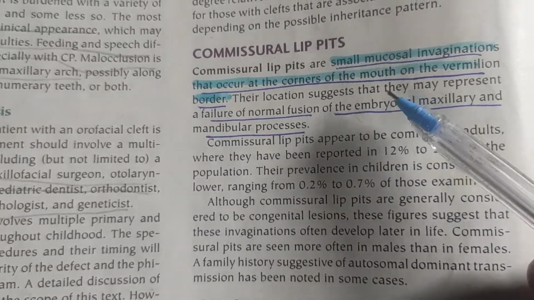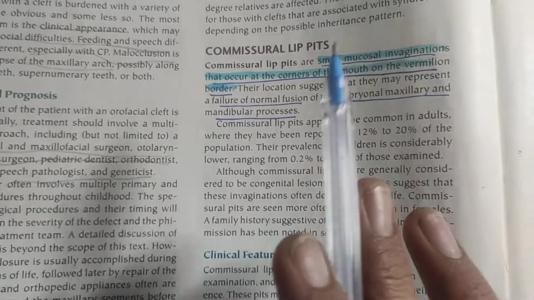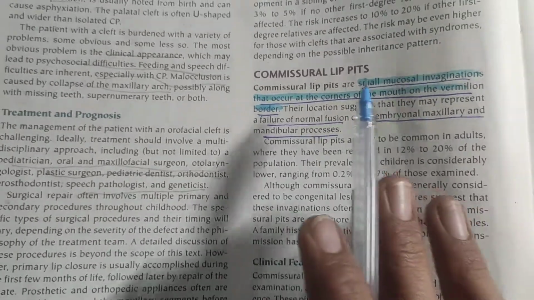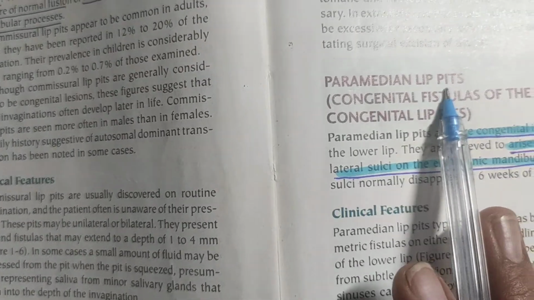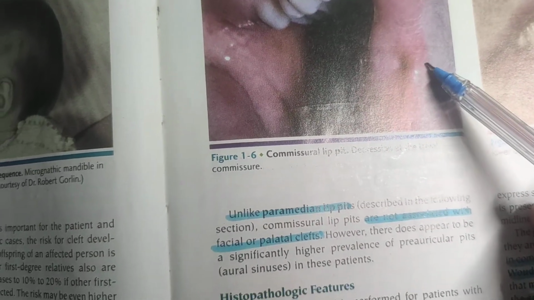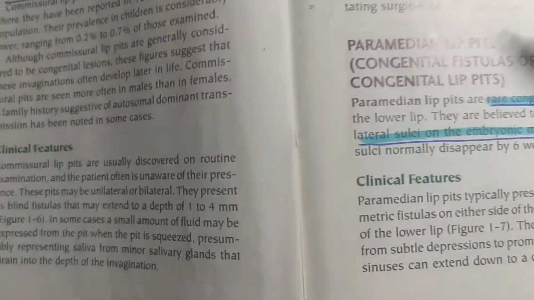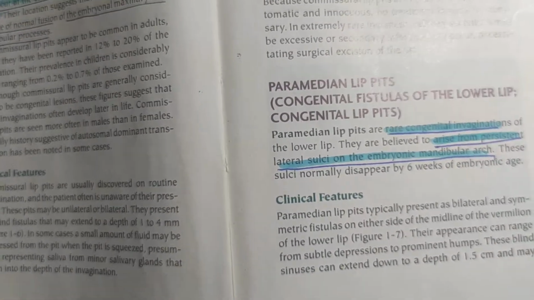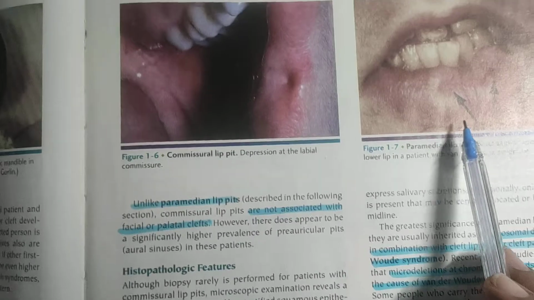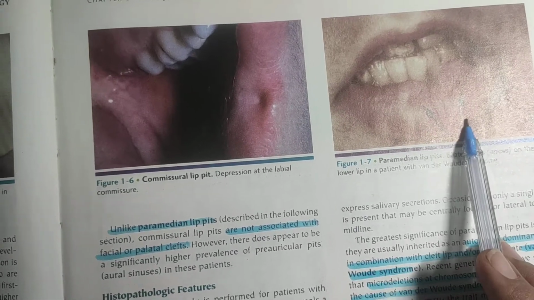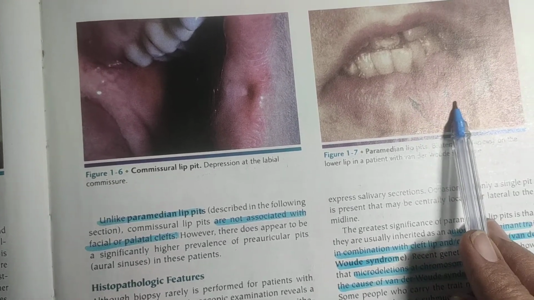So this is about lip pits, but don't get confused between commissural lip pits and paramedian lip pits. Commissural lip pits occur at the corner of the mouth, but paramedian lip pits occur on the lower lip.